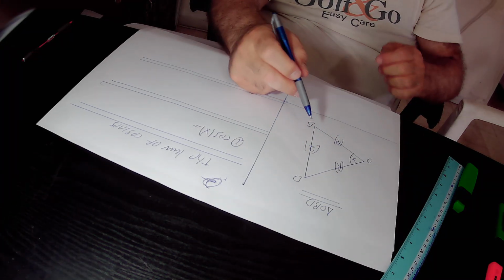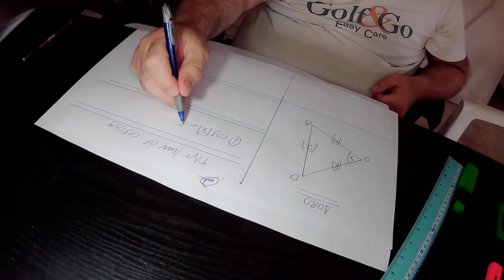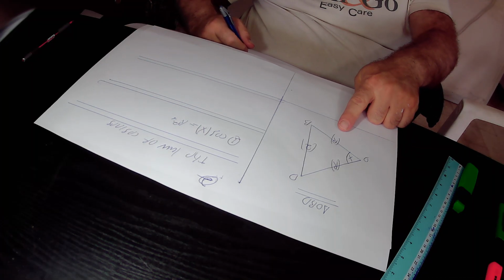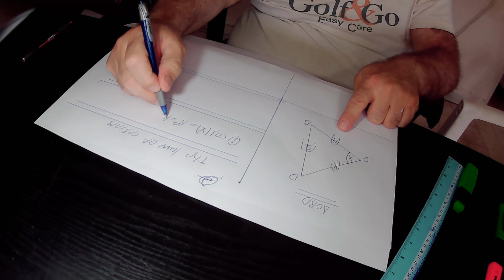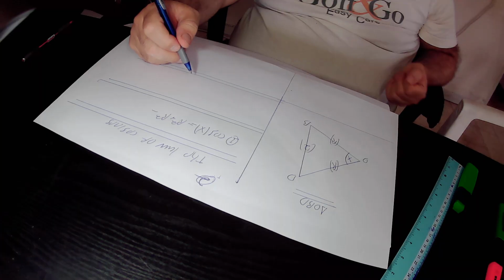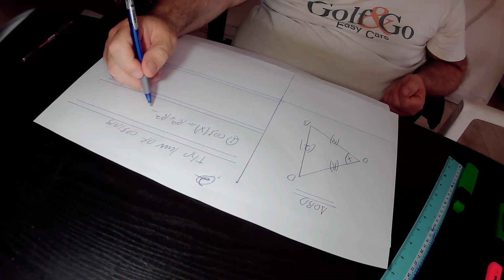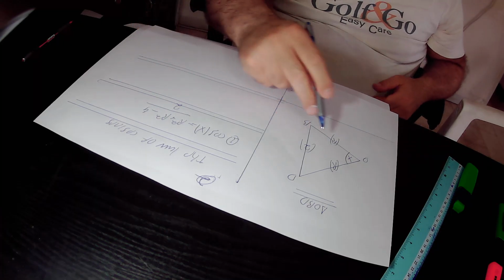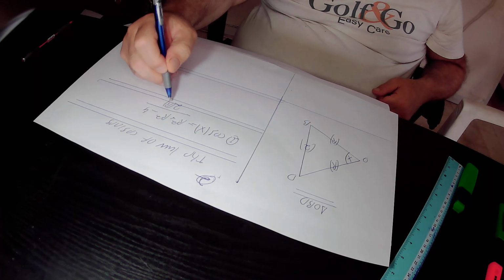OD is R, therefore OD squared is R squared, plus OB squared. OB is also R, therefore OB squared is R squared. So it is plus R squared minus DB squared. DB is 2, therefore DB squared is 2 squared, that is 4. So it is minus 4, divided by 2 times OD, which is R, times OB.